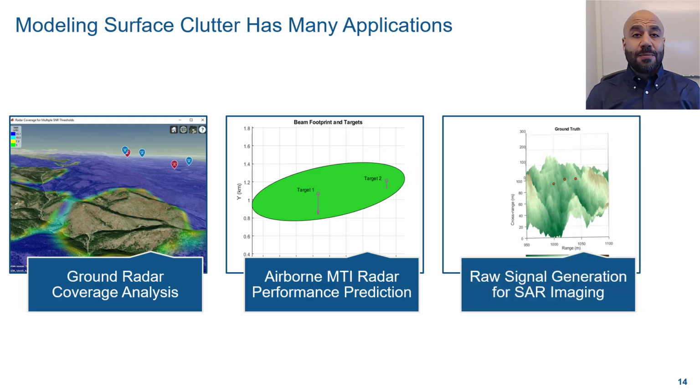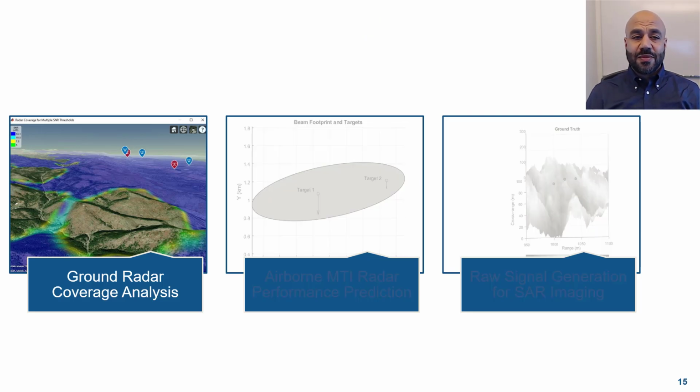Or the other application that comes to mind is to generate raw signals from a synthetic aperture radar to be able to generate SAR images. So moving forward, I'll go through these applications and I'll show you how you can take advantage of the radar toolbox to analyze and assess the radar performance in these different applications.